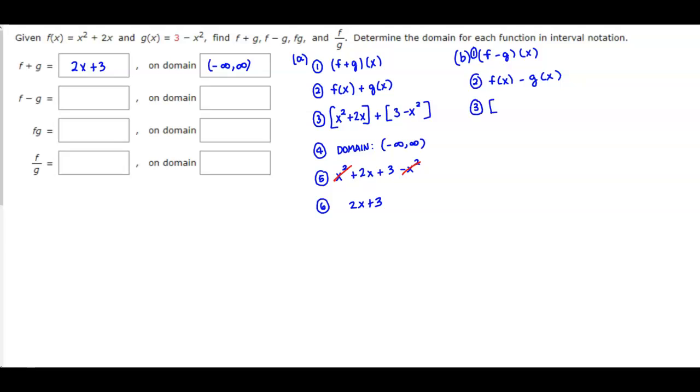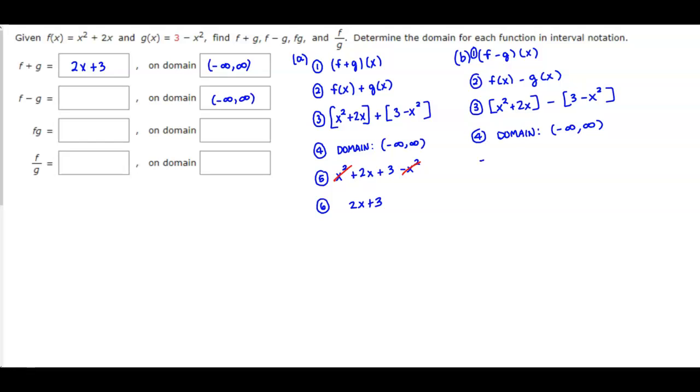Again, f of x is x squared plus 2x, and then minus 3 minus x squared. If we take a look at the domain of this function, again, we can plug in any value in for x, and so that means that it's all real numbers, which goes from negative infinity to positive infinity.